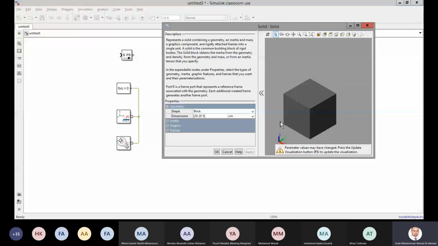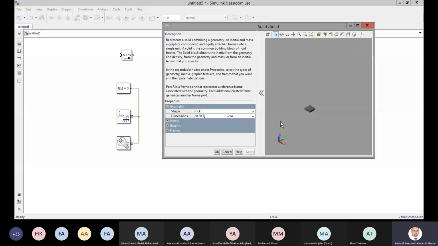Control with function with F5, sorry. Okay. Let's make it 10 centimeters, it looks nicer. F5. Okay.